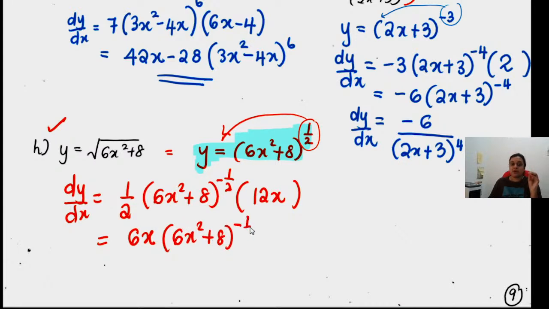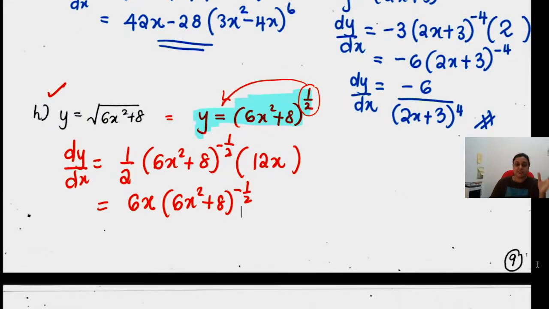Since our bracket, the power is negative, we don't leave the answer in negative. We try to bring it down. Bring it down so it becomes the power 1 over 2.